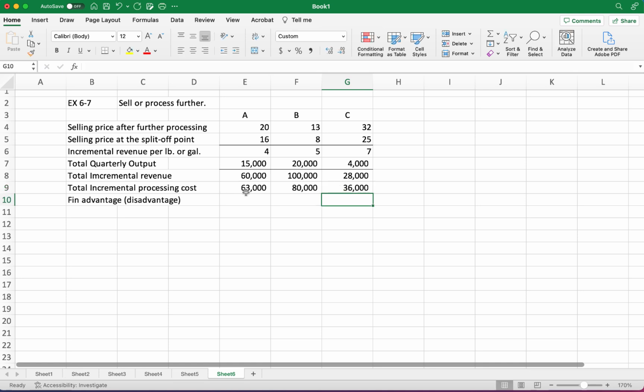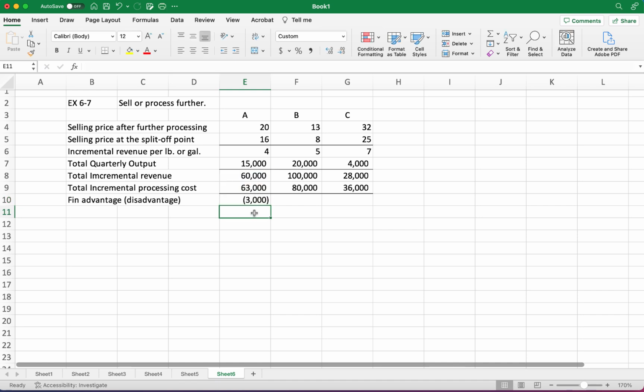Now what we're going to do is subtract the incremental revenue that we would get if we processed further versus the additional costs incurred for processing further. So for product A, I'm going to take my $60,000, which is the total incremental revenue, and subtract out those incremental additional costs of 63,000.